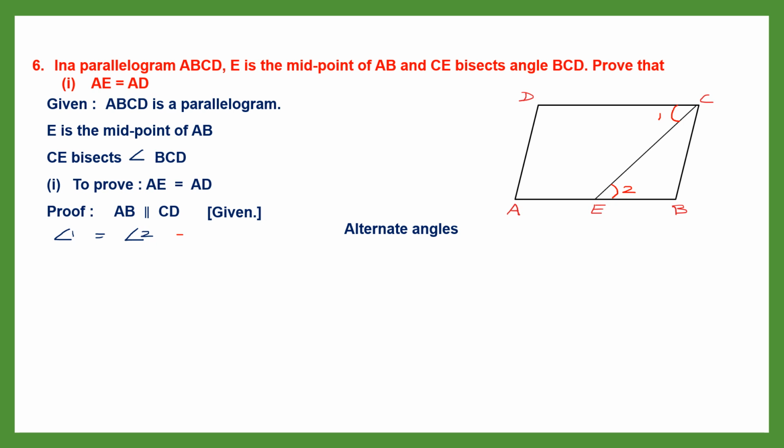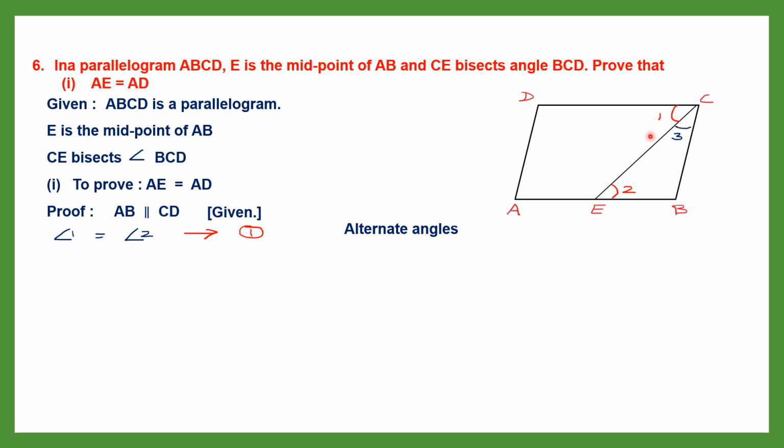So let's take this as equation 1. We're going to be using this again. So this is equation 1 and we'll be using equation 1 in the other equations. Now look at the angle on this side. This angle, let's mark it as angle 3. So this angle 3 here will be equal to angle 1.